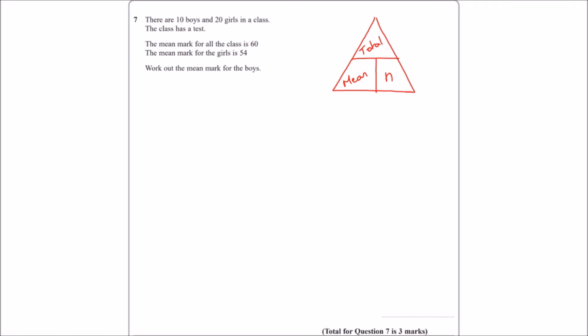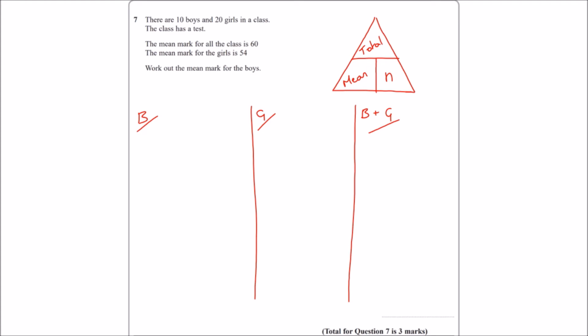Now these combined mean problems are always a group that's split up, so it's a good idea to split up your answer space. I've got the boys, the girls, and the boys and the girls.